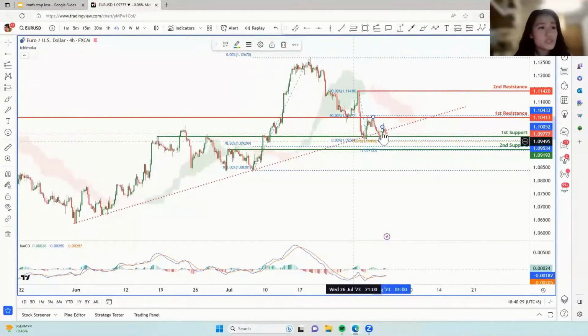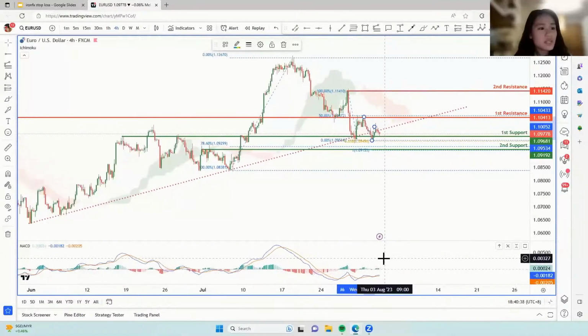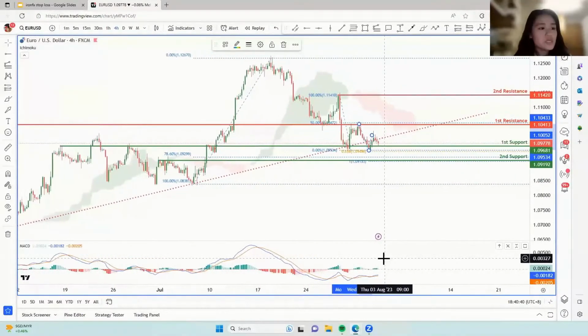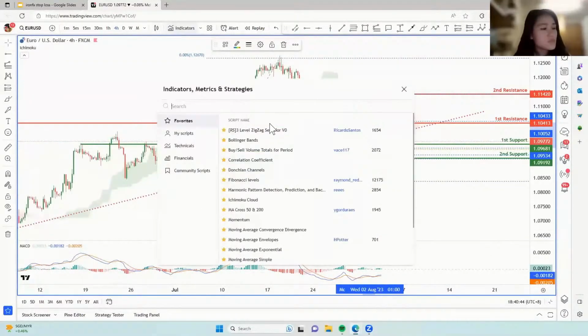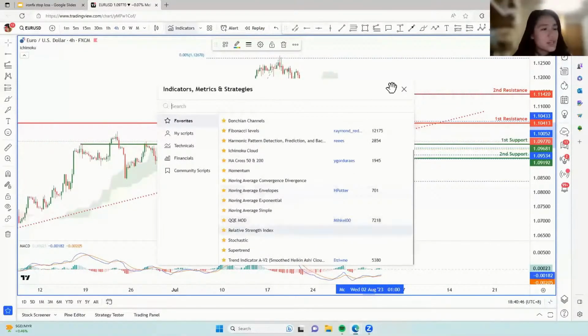So price is moving below the Ichimoku cloud on our indicator, giving us a bearish signal. MACD is giving us a pretty bullish signal. Slightly bullish over here. Let's take a look at RSI.